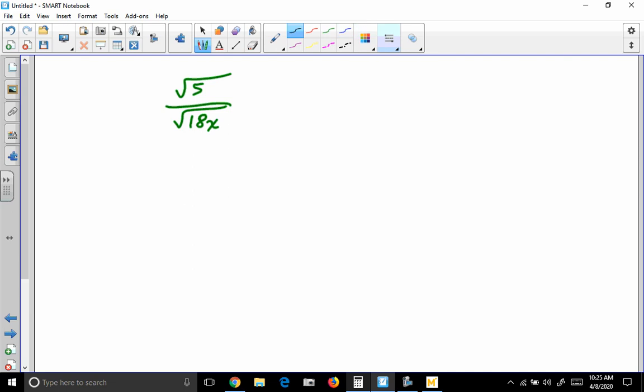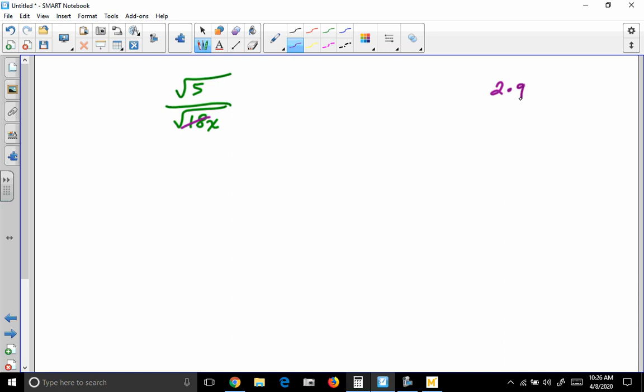All right, let's take a look at this one. Now, in the previous examples we worked, the number on bottom was prime. But 18 is not prime, so let's look at what factors make up 18. 18 is 2 times 9. 9 is a perfect square, but 2 is not.